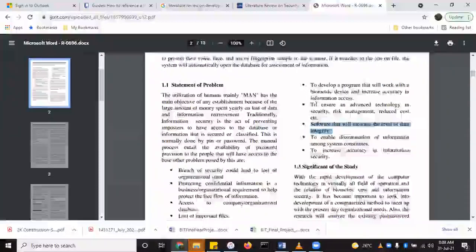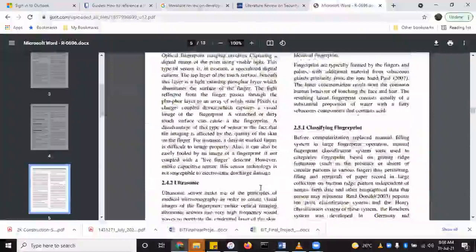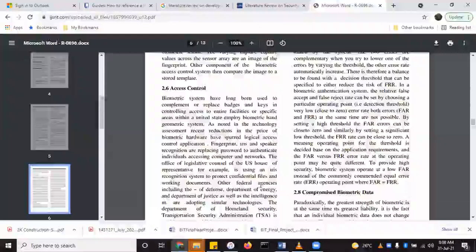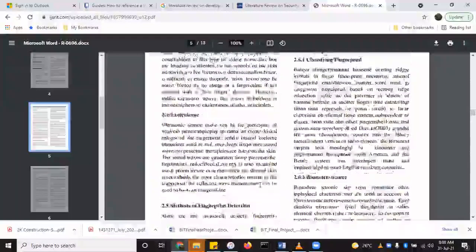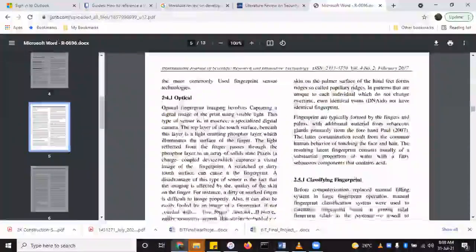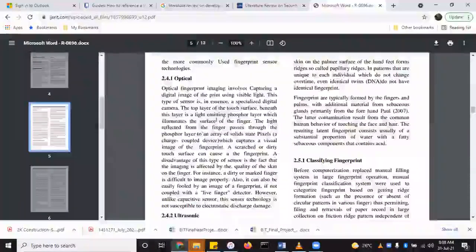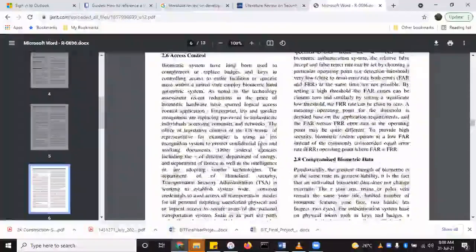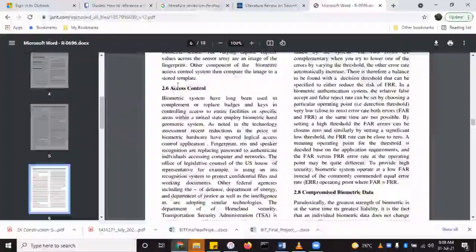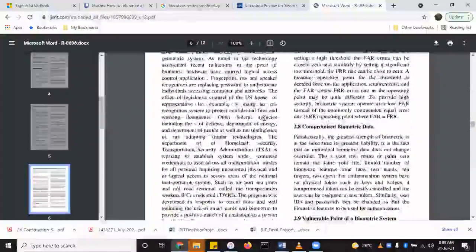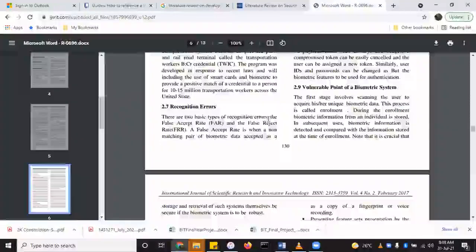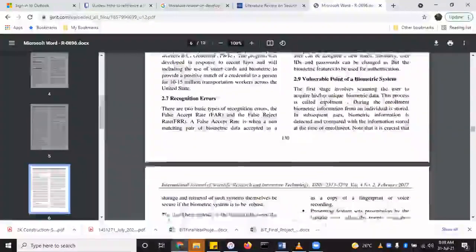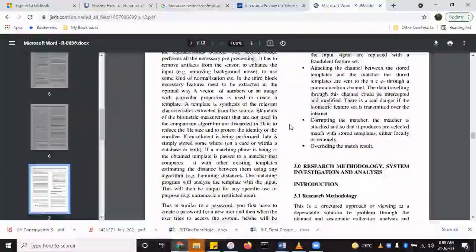So you see that? Exactly. All of the stuff that he's captured in his chapter 2, from even the theoretical write-up all the way through the key problem statements like access control, compromised biometric data, recognition errors, and what have you, are all stemming from what? The problem statement as well as the objectives that are captured.